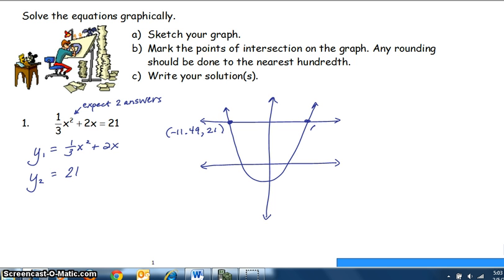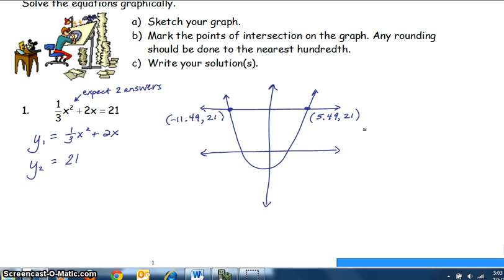My second point of intersection, 5.49, 21. Now my picture is not to scale, but that's okay. As long as I label those points, they are where I say they are. And then it says to make sure you do any rounding to the nearest hundredth, so I did that.